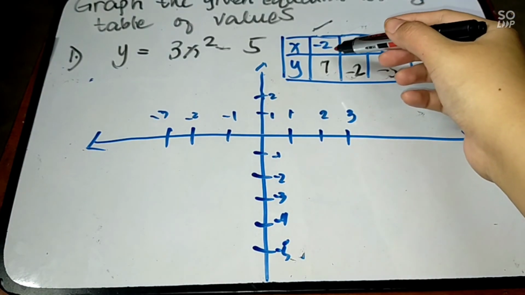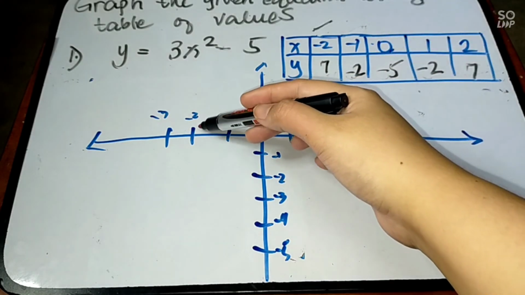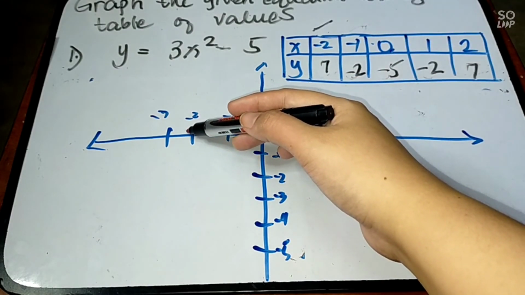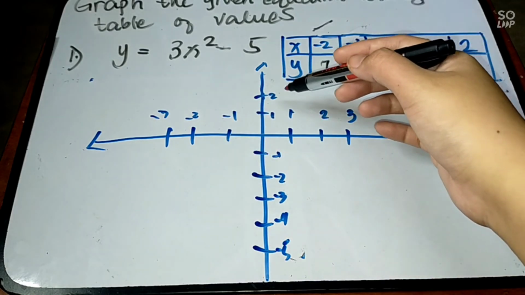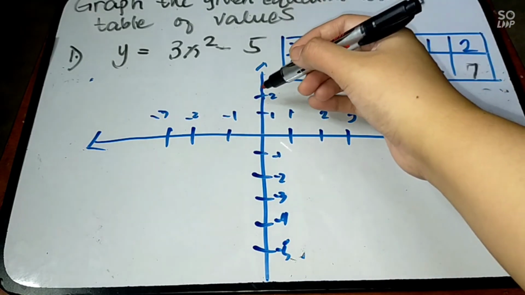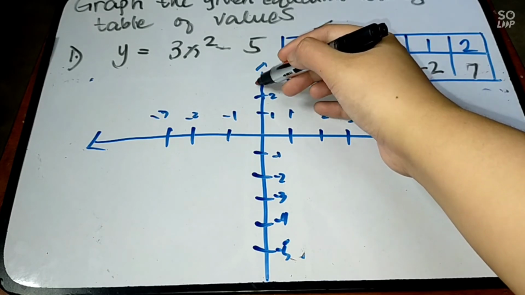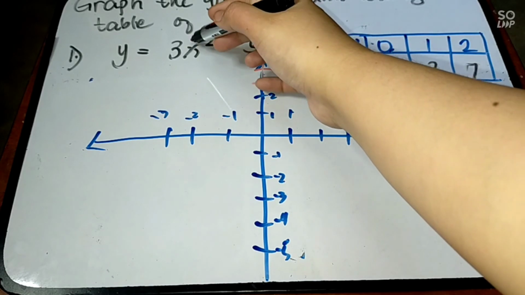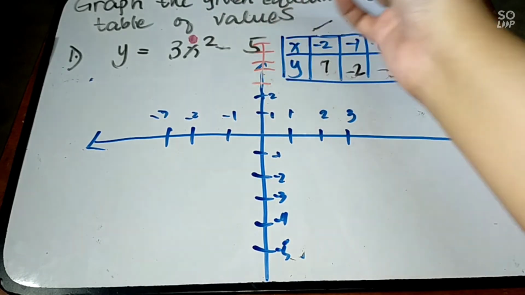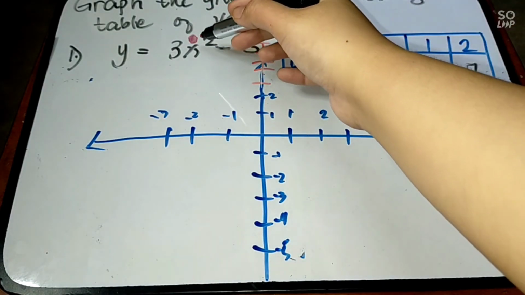So, negative 2, then 7. So, since 7, mag-extend pa tayo dito sa taas. So, we have 3, 4, 5, 6, 7. So, this is the point for 7.